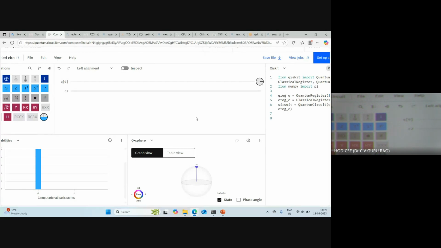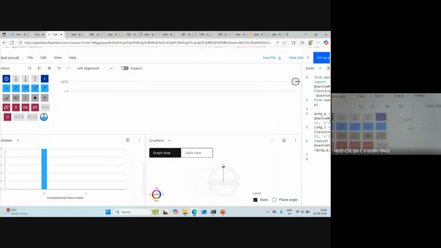Okay, so the code we have to... Left. So that they can see the code. Okay, it is not required for the time being. Code is not required. Just this composer part. Okay.